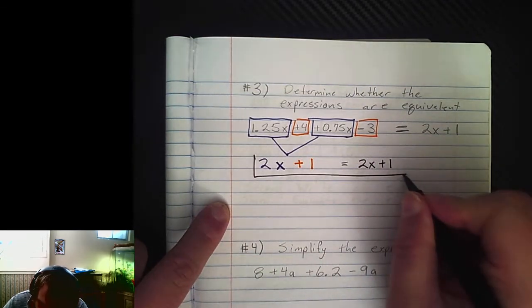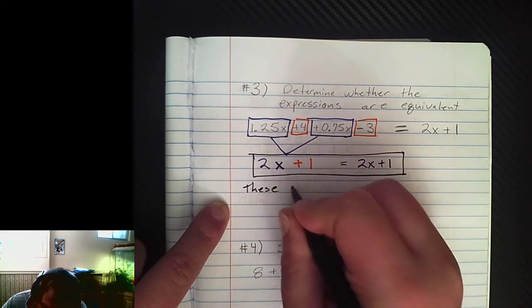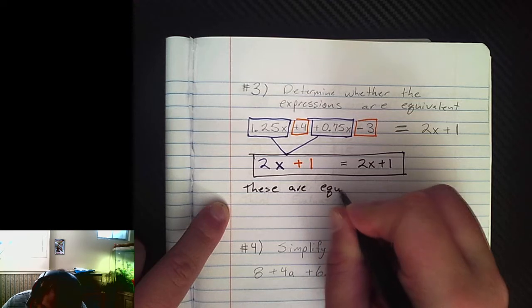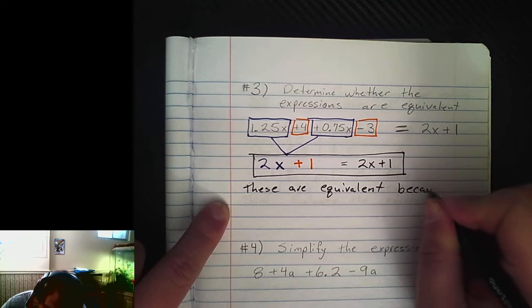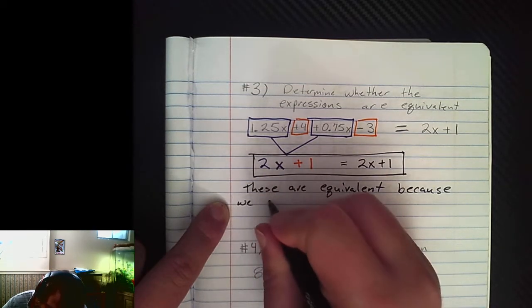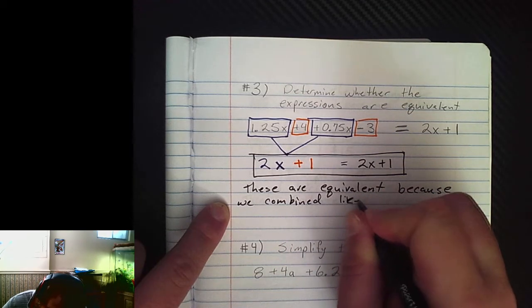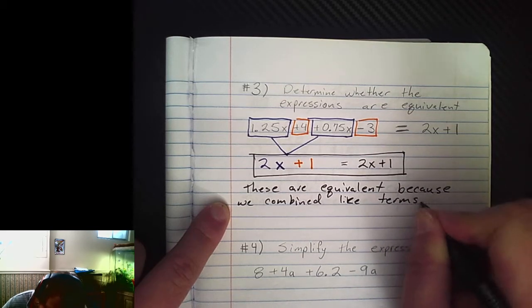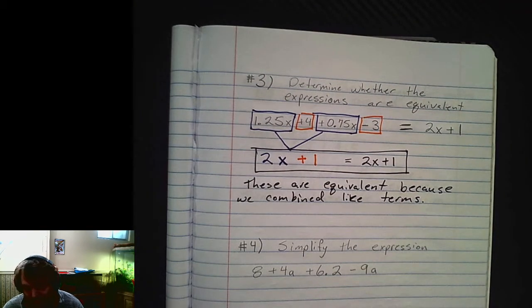Since they are equivalent, we know these are equivalent because we combined like terms. So that is our justification. So we combine like terms on the left-hand side, and that 2x plus 1 is equal to 2x plus 1.